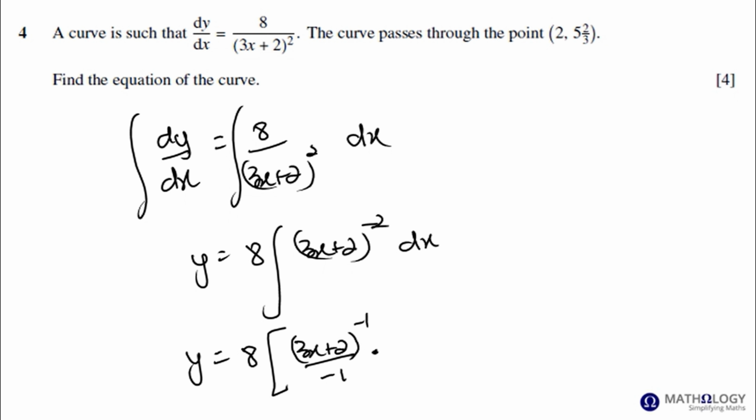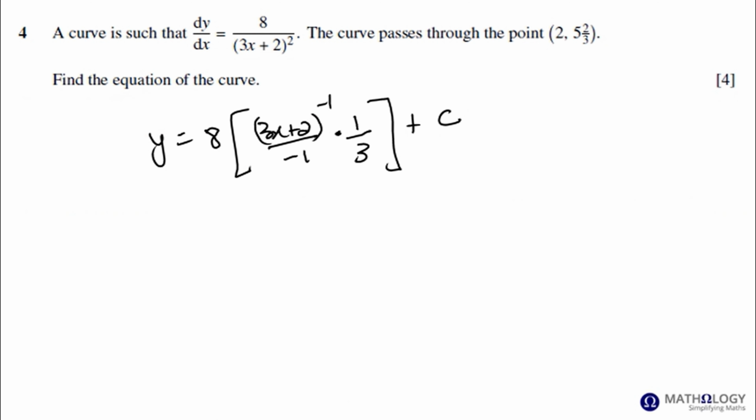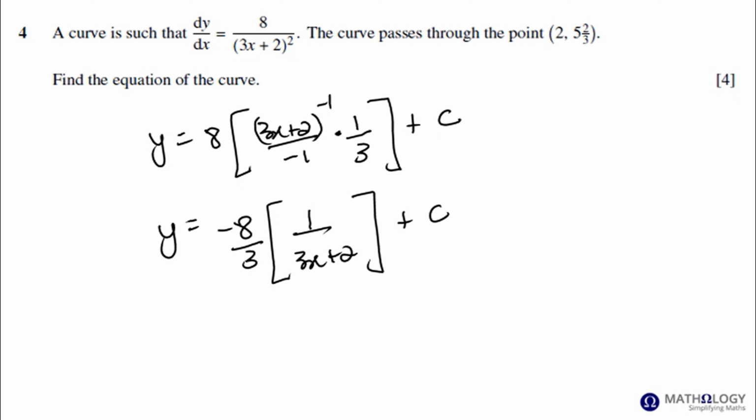We also multiply by 1 over the derivative of 3x plus 2, so we multiply by a third, and then we add the constant of integration. So y equals minus 8/3 times, written in a better form, 1 over (3x plus 2) plus c. This is the equation of the curve.